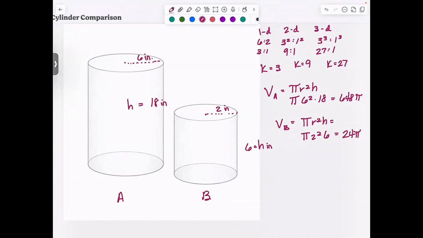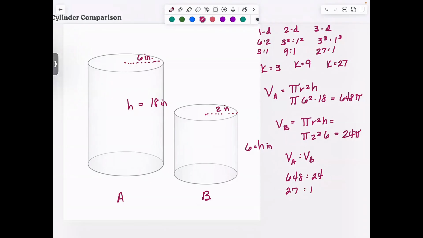If we take the ratio of volume A to volume B, that's 648 to 24, and that should give you 27 to 1. Yeah, 27 to 1. If I simply divide 24 into 648, you get a ratio of 27 to 1.